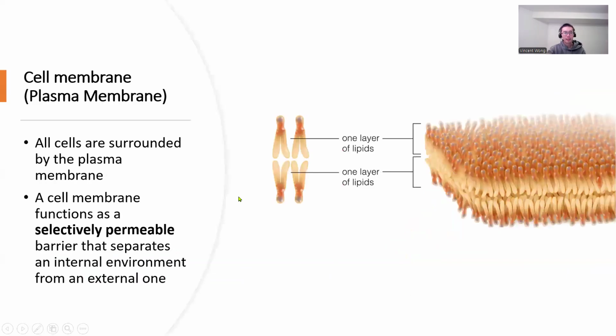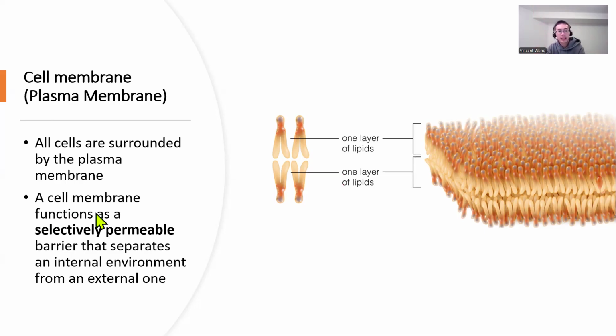All right. Cell membrane. Let's take a look at the cell membrane here. The cell membrane, which is also known as the plasma membrane, surrounds all cells. Doesn't matter if you're eukaryote or prokaryote, you're going to have to have a cell membrane to separate the inside from the outside, right? Otherwise, everything just spills all over the place, right?